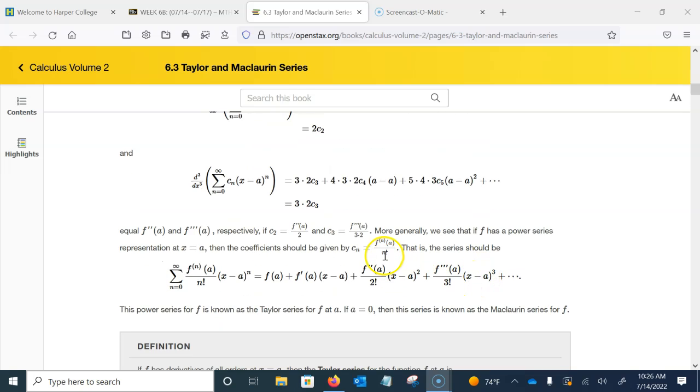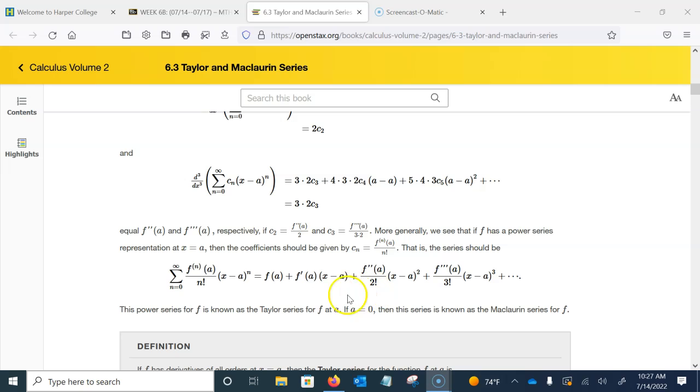And in general, if I took n derivatives, so here's the notation, f superscript n, that's the nth derivative, and I plugged in a and divided by n factorial, you can see that here: the third derivative divided by 3 factorial is divided by 6. The second derivative divided by 2 factorial is divided by 2. And so to get the cn coefficient, you simply evaluate the nth derivative at a and divide by n factorial.